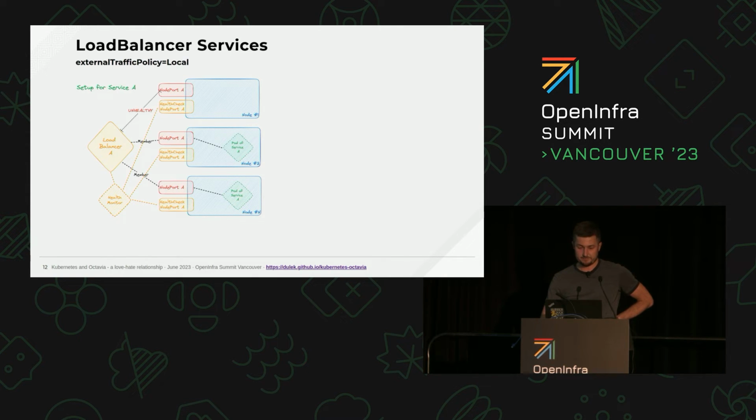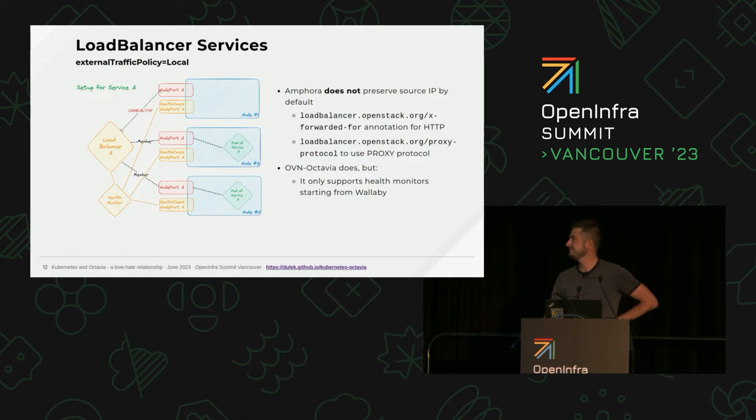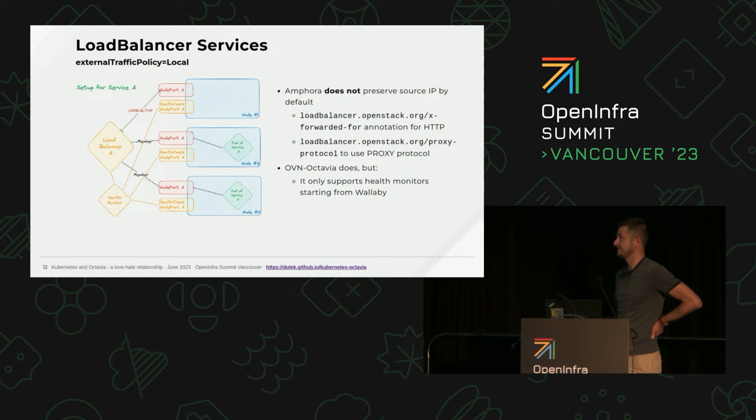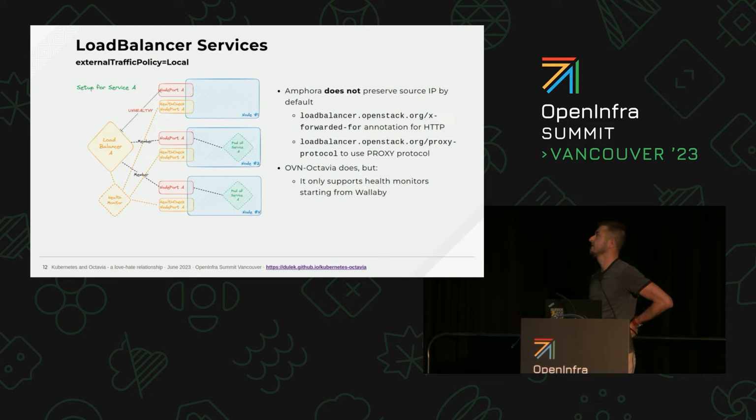So cool, right? This way we can have the source IP on the pods, right? Well, not really, because as I told you, the Amphora does not preserve source IP, at least by default. So cloud provider OpenStack allows you to use two features of Amphora. It's done through annotations.